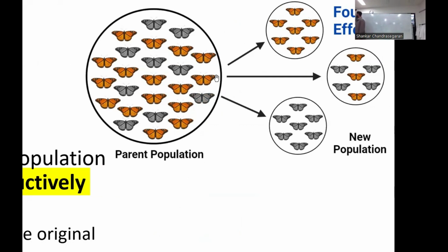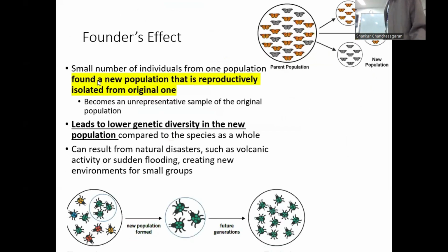Here, it's more representative of the original population, where some of the gray butterflies and also the orange butterflies moved into this population. You can see the original population being represented here. Whereas in this population, only the gray butterflies moved into it. So any other butterflies that emerge from this population are just going to be gray butterflies, because they have influenced the future generation, where a new population is reproductively isolated from the original one.